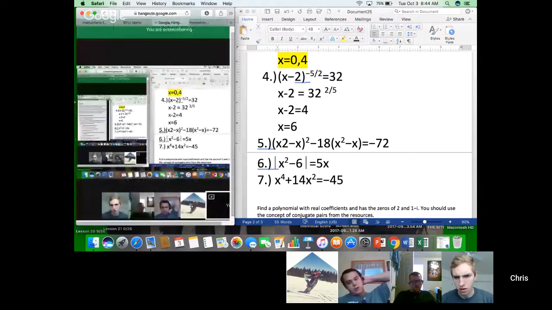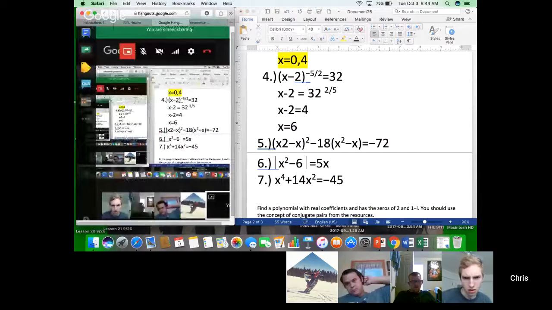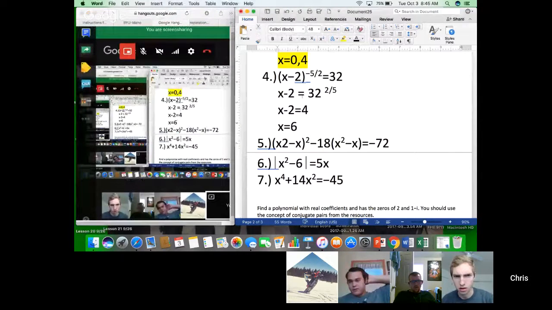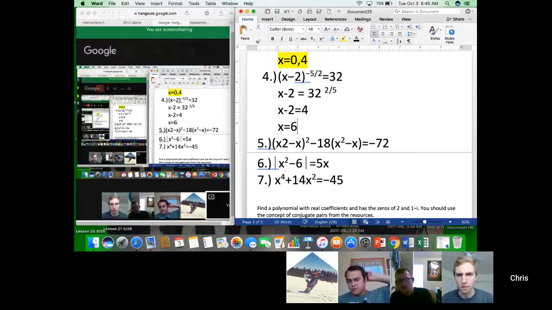When you multiply it by an exponent and you're trying to get rid of your exponent, you do 1 over x minus 2, and then you're multiplying that by 5/2. But that got rid of the negative 5 over 2.